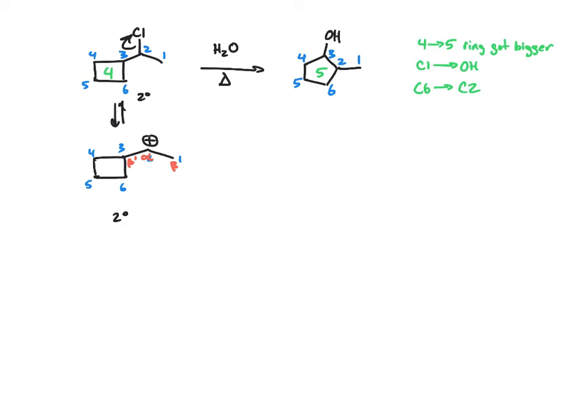When you look at beta and beta prime, you're looking for a rearrangement to happen to a more stable carbocation. This beta prime has a hydrogen here, right? If that hydrogen moved over, you would end up with a tertiary carbocation. But it's still in a four-membered ring, and we know that there's some ring strain.